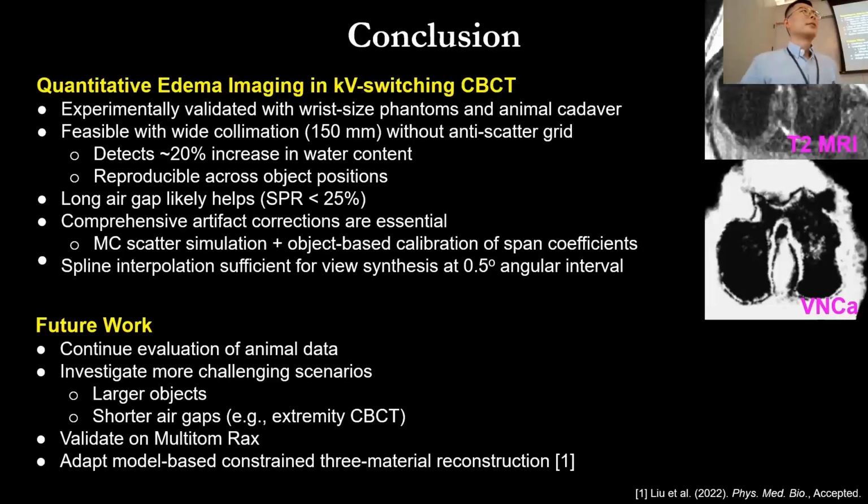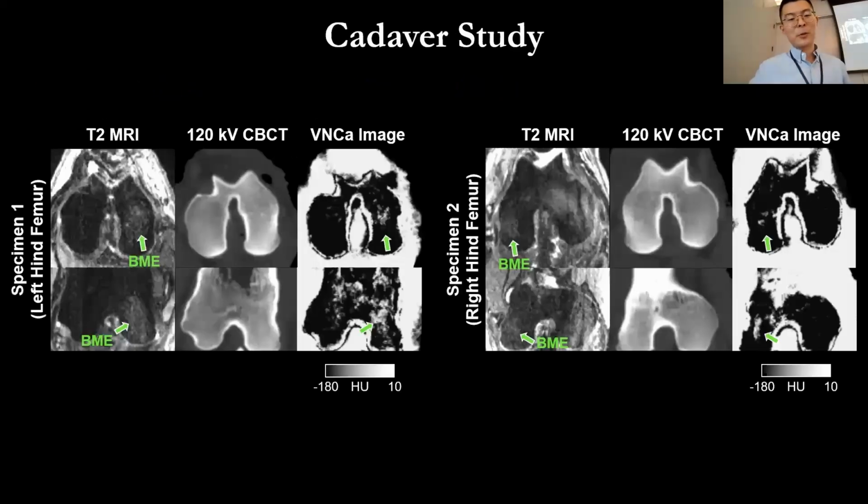Very nice talk. A couple questions. You said that the lag impact is very negligible. Is this just for the centered position, or did you also investigate the off-centered positions? You mean for this cadaver study? Yeah, the one that you showed. Okay, so for this study, actually, we cannot perfectly center it because it's the lab phantom study. You had 5 positions. You turned off the lag correction.